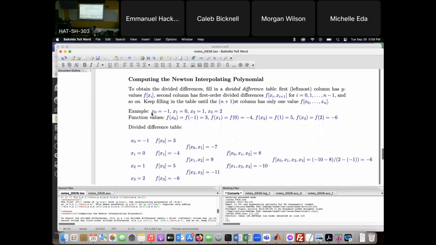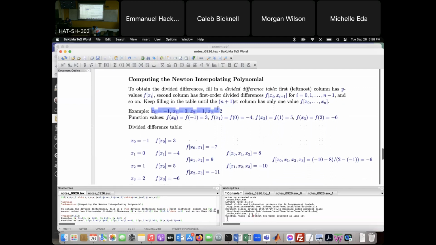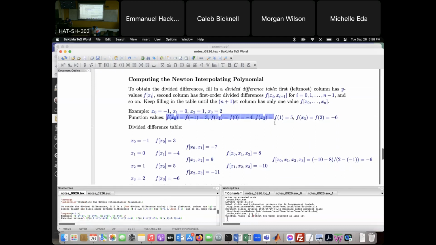In this example, this is sample data that I've used before. Here we have 4 interpolation points, x0, x1, x2, x3, that are equal to -1, 0, 1, and 2. Here are the corresponding y values. f of x0 is 3, f of x1 is -4, then 5, and -6.